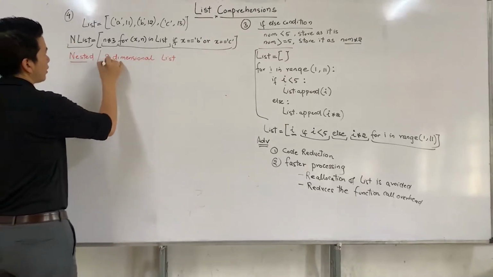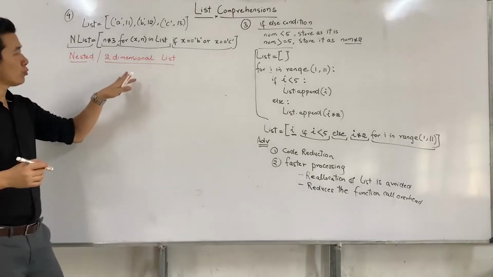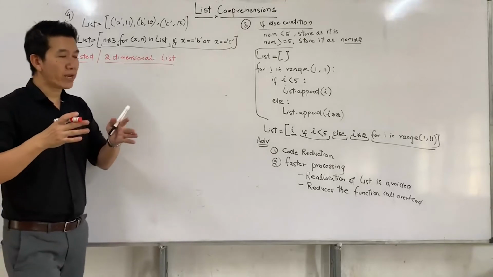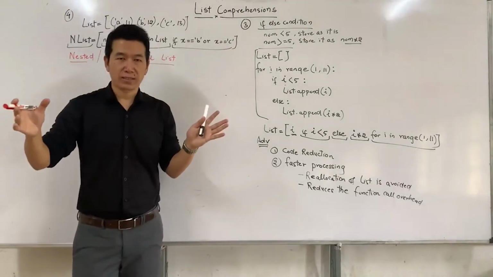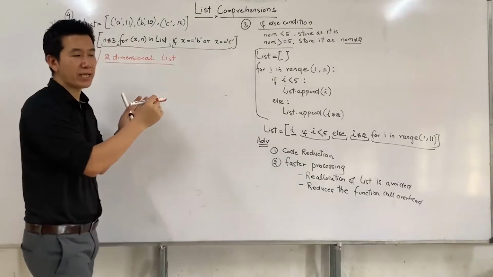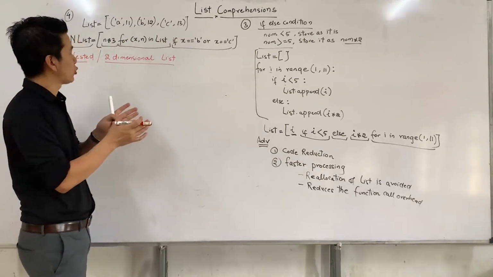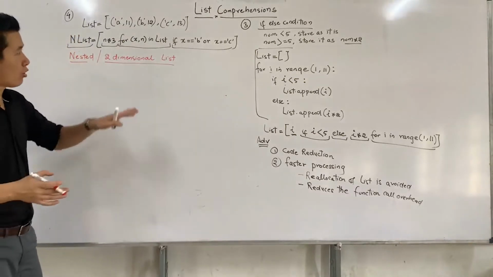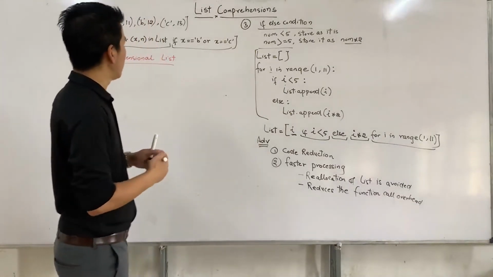What we mean by a nested list is when one list is embedded in another list. Say in a list, if the element is a list in itself, that's what we refer to as a nested list. Or in other words, we could call it a 2-dimensional list.